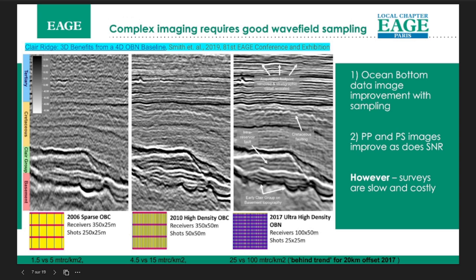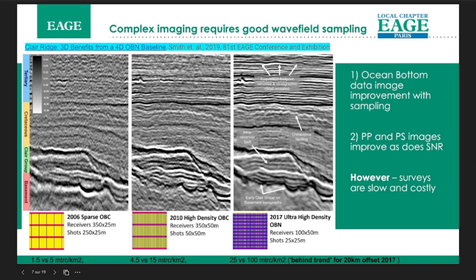So here's an example from our Claire OBN. This is a published paper, the reference there on top, Smith 2019 in EAGE, and we can see the evolution of seismic quality going from the left in 2006, what we refer to as sparse ocean bottom cable, 2010, more referred to at that time as high density, and then ultra high density in 2017.